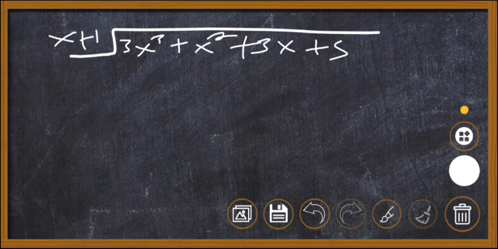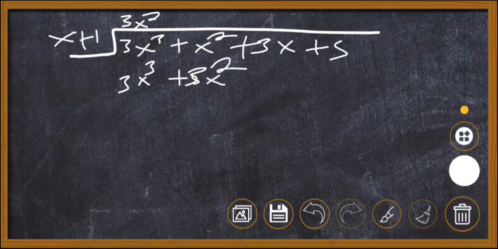We have to find the value that we can multiply with x so that we have 3x power 3. Since this expression has 3, even here we are going to add 3. Then since this has x power 3, of course this one will have x power 2. So 3x squared multiplied by x is 3x raised to power 3. And then 3x squared multiplied by 1, we are simply going to have 3x squared.